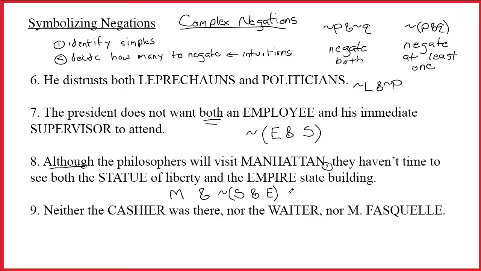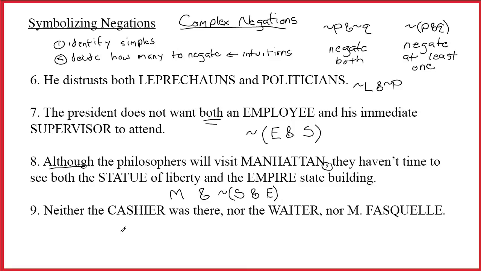It says that they don't have time to see both of them, basically. They don't have time to see both the Statue of Liberty and the Empire State Building. I like sentences like number 8. It's something like this, which is likely to show up on a test, because this sentence sort of creates a meaning. It creates a story that helps your intuitions when you're thinking about what to negate.